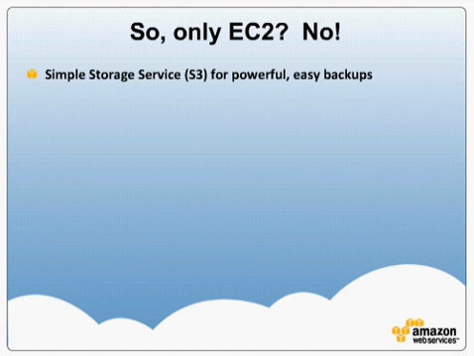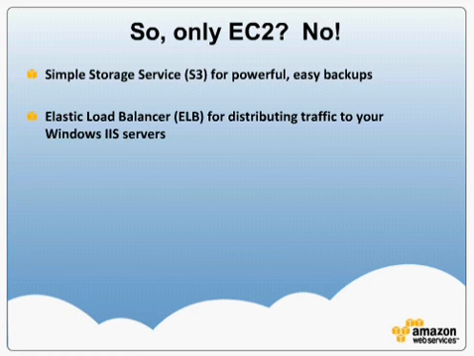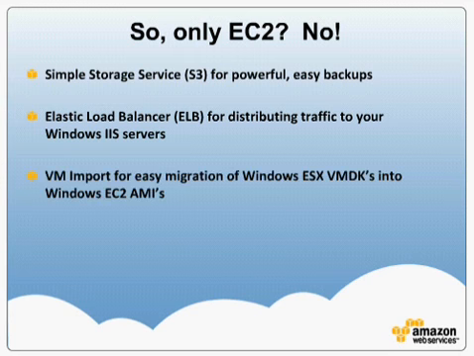You can easily copy the configurations of your machines back to S3 for 11 nines of design durability storage. Elastic Load Balancer makes it incredibly inexpensive to distribute traffic across independent data centers inside of our regions. Really makes it simple to build a highly scalable, highly efficient Windows fleet.